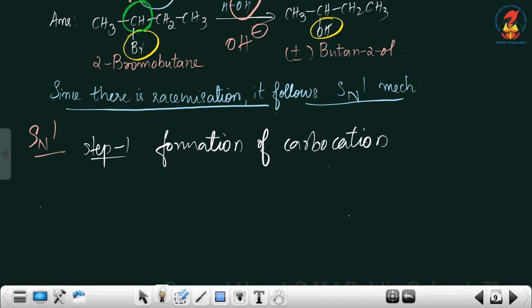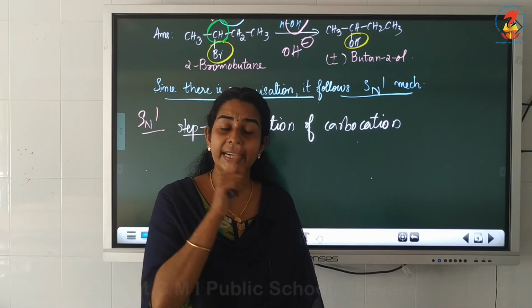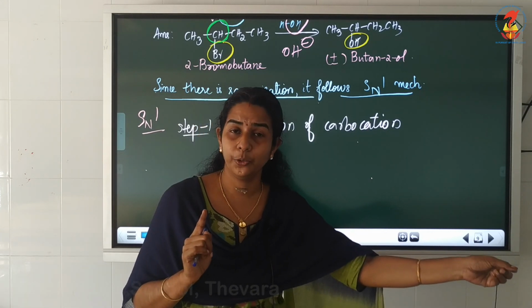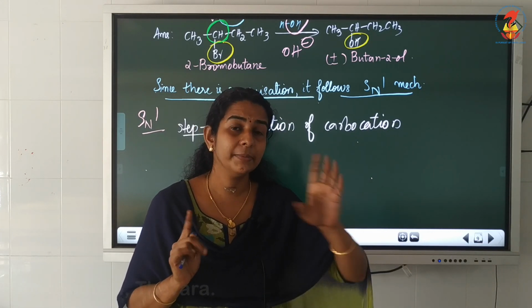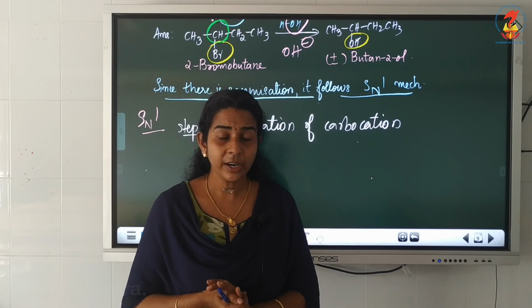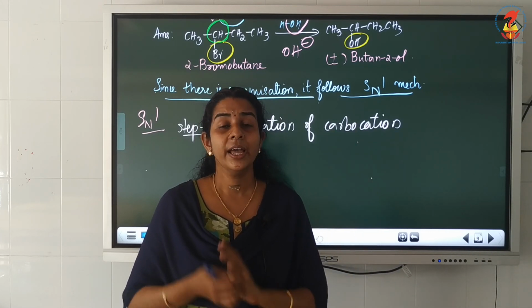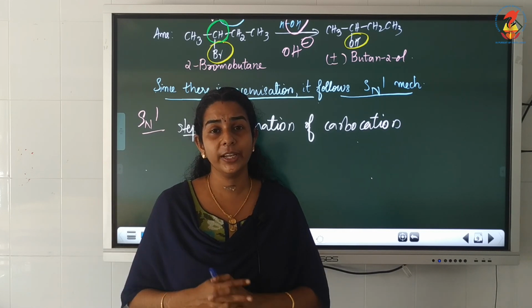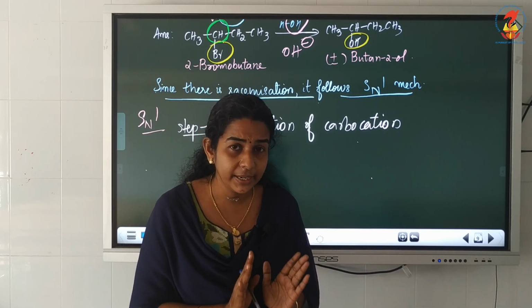What is the main difference between SN1 and SN2? In SN2 mechanism, the attack of nucleophile and the leaving of the leaving group take place simultaneously, or the breaking of the C-X bond and formation of the carbon-nucleophile bond both take place simultaneously.